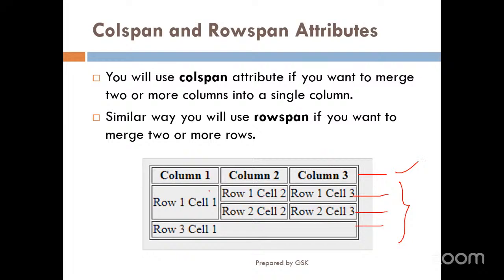And if you observe this part, these two rows are merged as a single row. First row, second row are merged as a single row. This is rowspan. We can merge two or more rows as a single row with the help of rowspan.